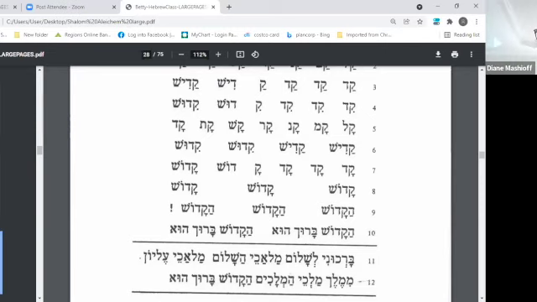Malachei Hamlachim. Hakadosh Baruch Hu. You got a good part of the prayer. Isn't that amazing? Did anyone have any trouble following that?